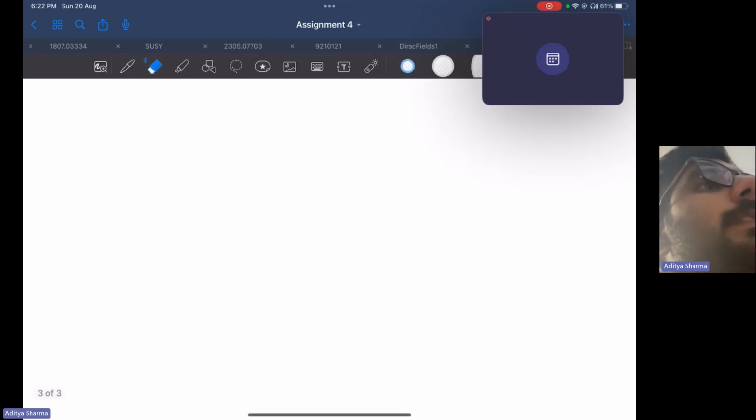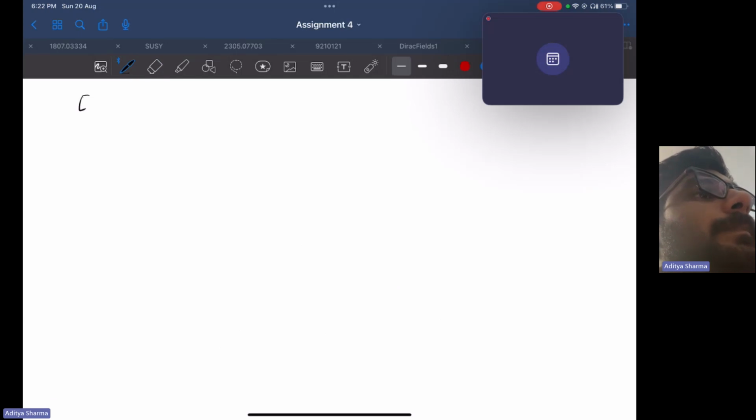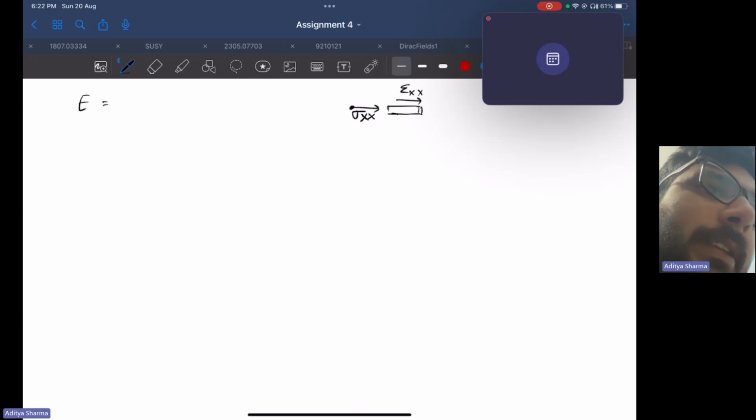Young's modulus is defined as follows: if you are applying stress along a direction, say x, and you are finding the strain in that direction itself, the stress is denoted by sigma xx, and the strain is given by epsilon xx.